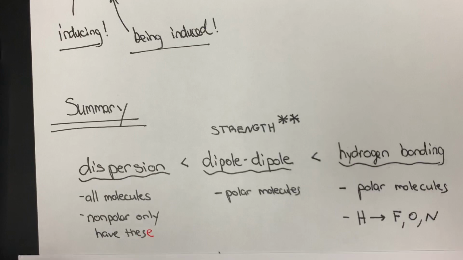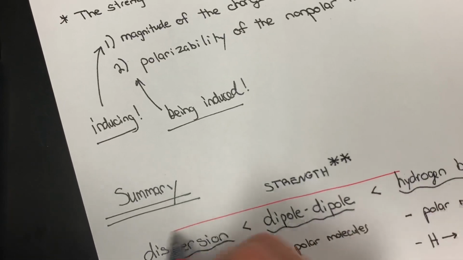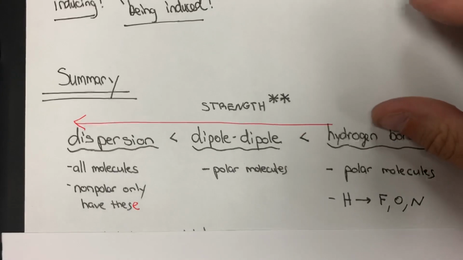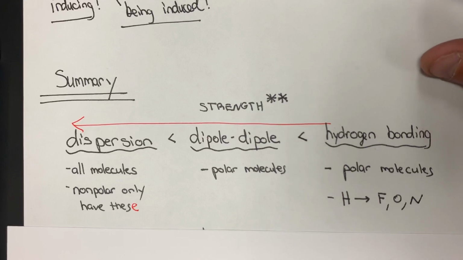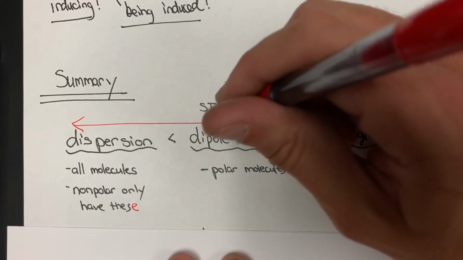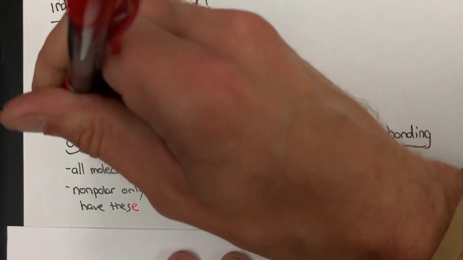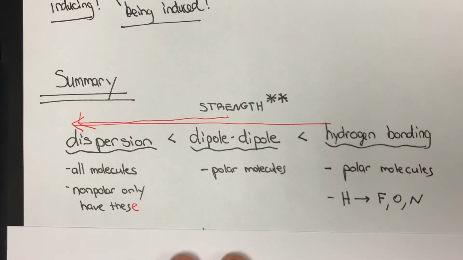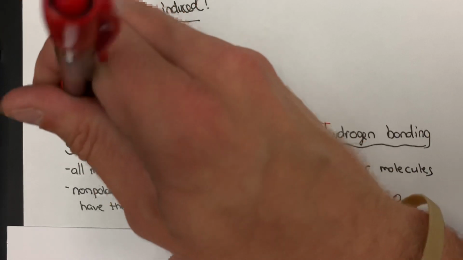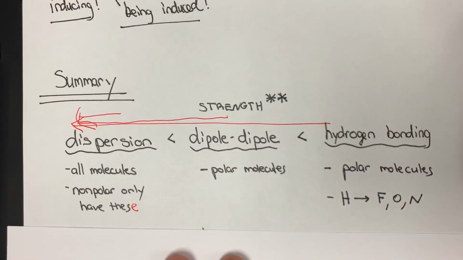So, if you have hydrogen bonding, you have all 3 types of IMFs. If you have dipole-dipole, you have dipole-dipole and dispersion. And if you're a nonpolar molecule and you just got dispersion, well, you just got dispersion, okay?